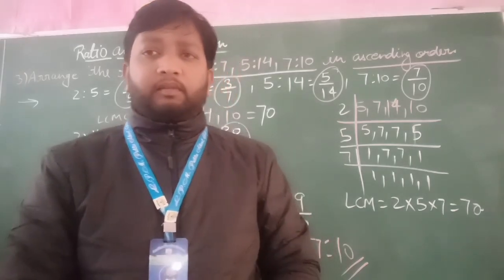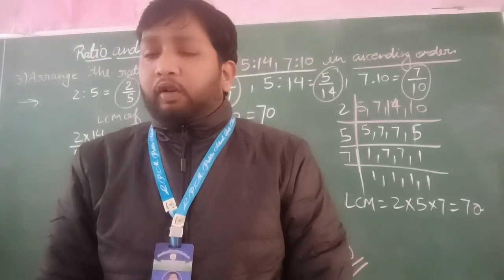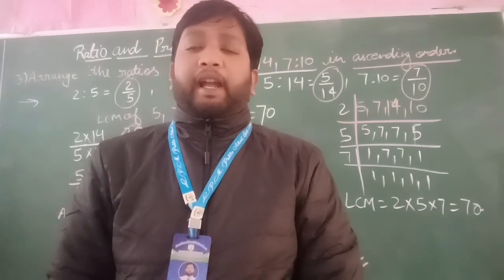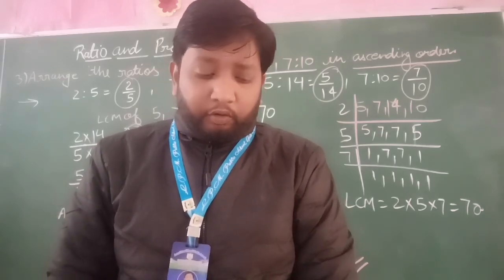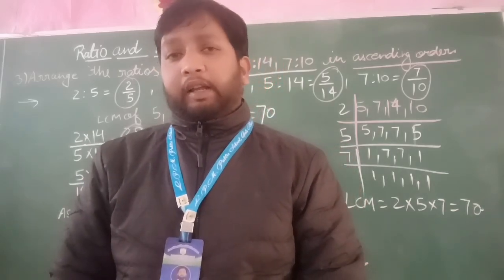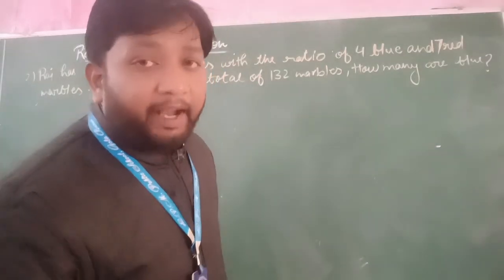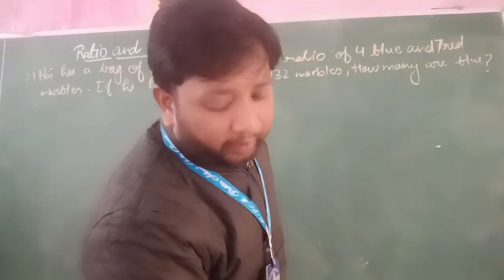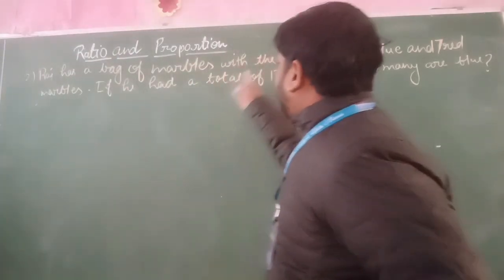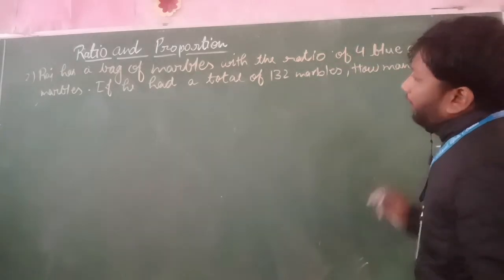Moving on to our next question, that is based on ratio, and it will be a word problem. So we will solve the word problem and see how ratio makes our life easy. So the next question is, given is that Raj has a bag of marbles with the ratio of 4 blue and 7 red marbles.